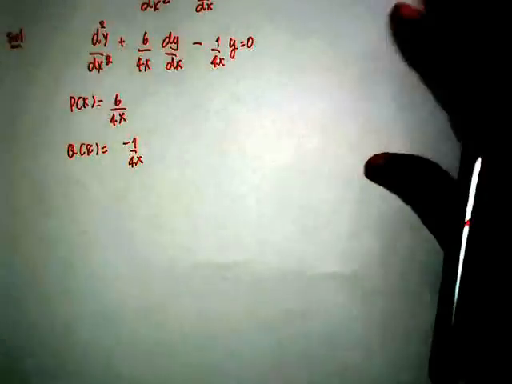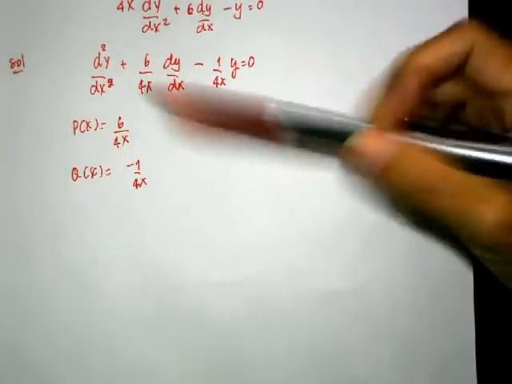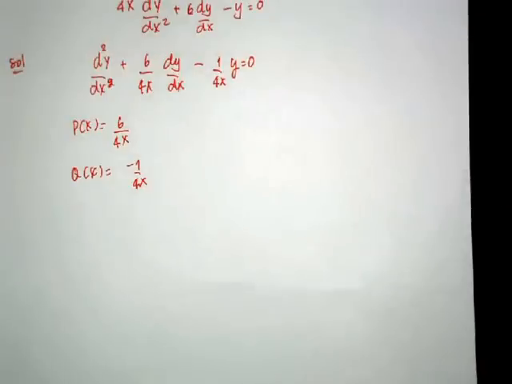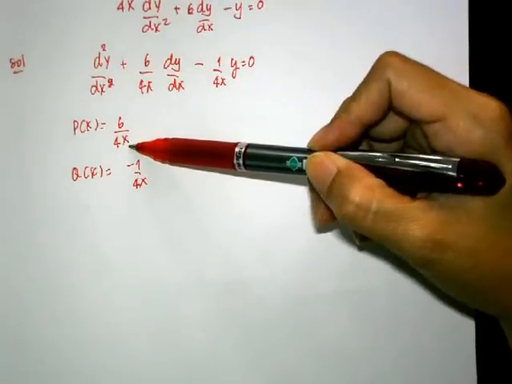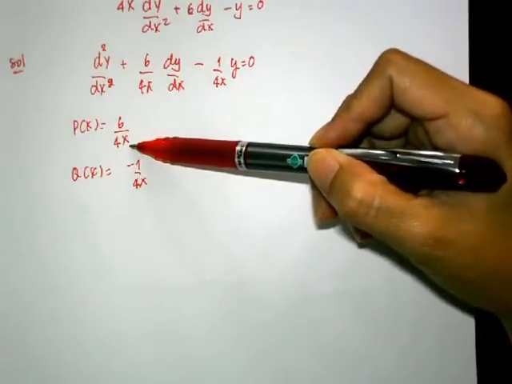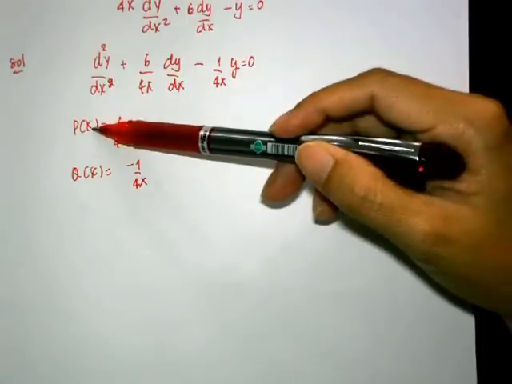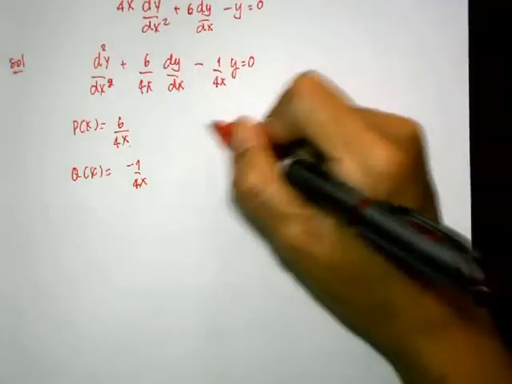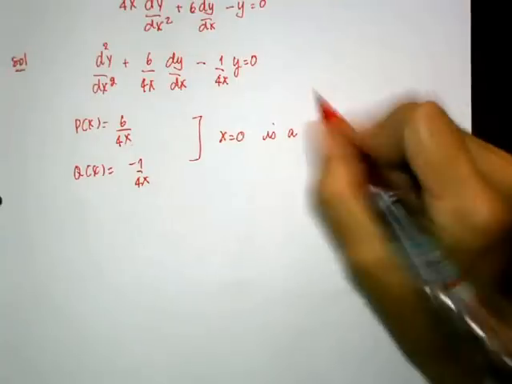X equal to 0. You plug 0 in here, can you find the value of P(x)? Can you find the value of P(x) when we put x equal to 0 there? No. So that means x equals 0 is a singular point.